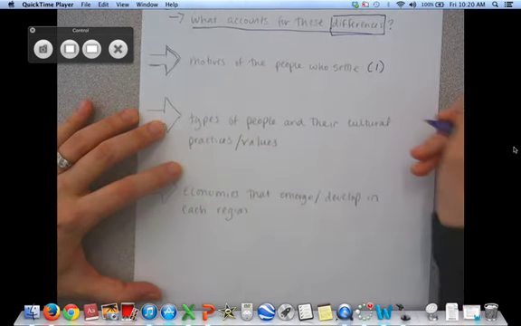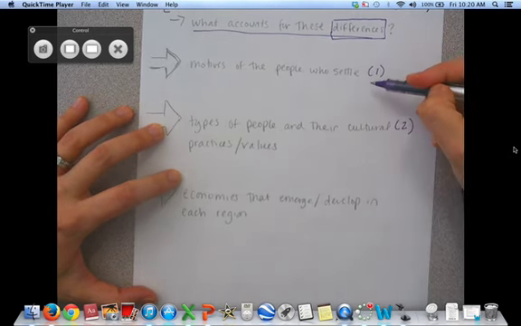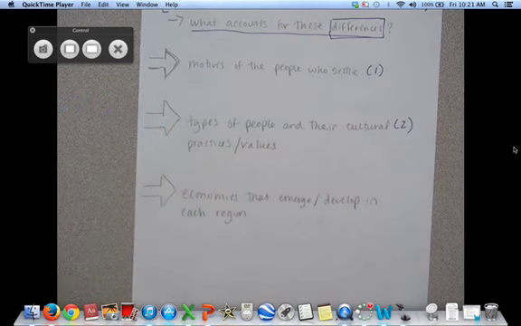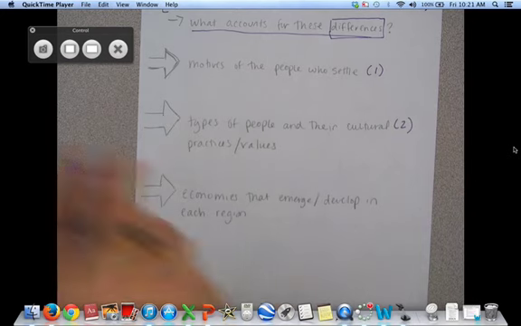Second, the types of people who go there, because of the motives of the settlements, are very different. And because the people going to each place are different, and their reasons for going are different, they also have fundamentally different cultural practices and values. And we'll talk about that in a little more depth.